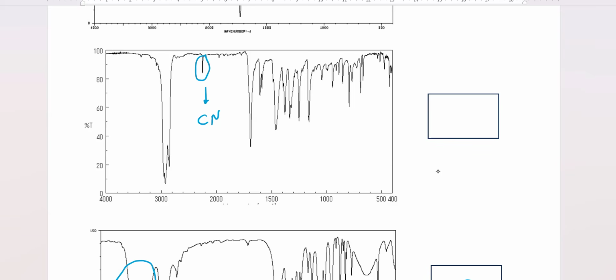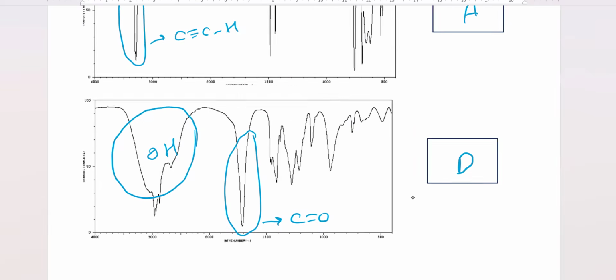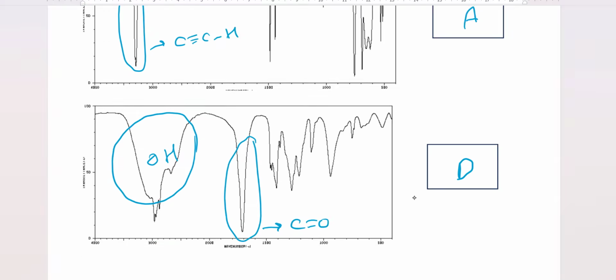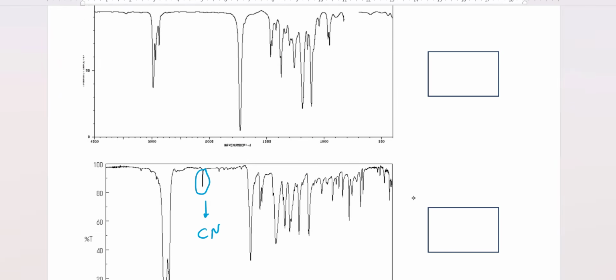This is cyanide, so it belongs to compound C, and the other one should be compound E. For the aldehyde group, you see the carbonyl here at 1700. Also, the aldehyde functional group should show a CH of aldehyde around 2800. So this is how we can match the compounds with IR spectra.